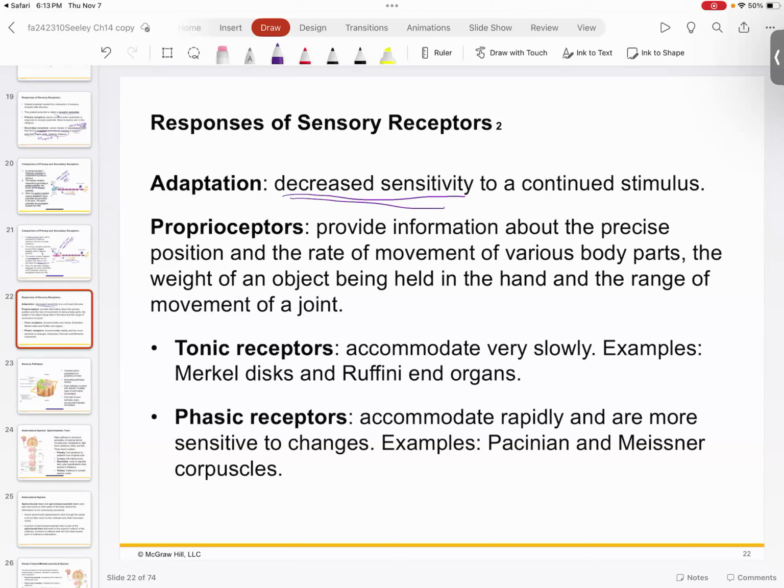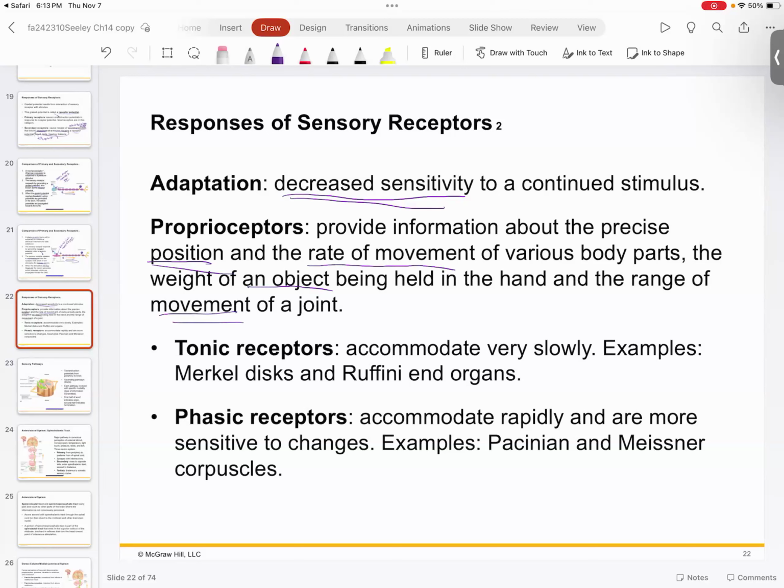Now, proprioceptors. When you take a look at this, the proprioceptors are taking in information and communicating not just position, but movement of your various body parts, the weight of an object that's held in your hand, the range of movement of a joint.